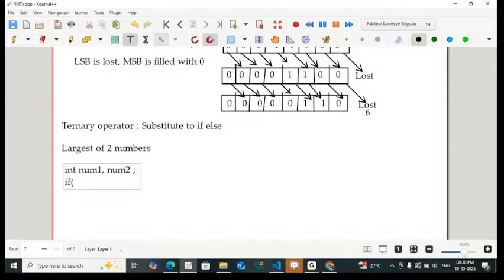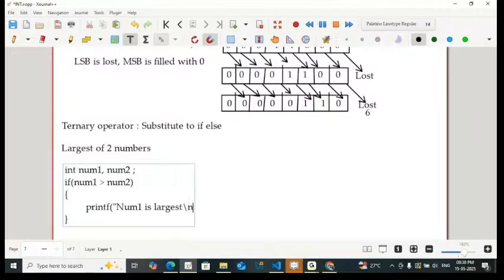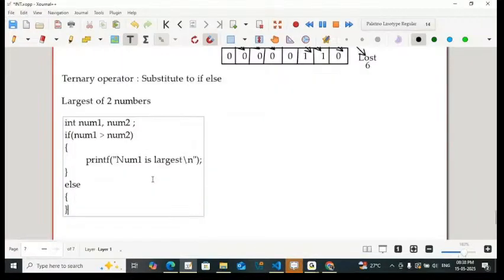I want to check if num1 is greater than num2, I am going to say printf num1 is largest. Else I am going to say num2 is largest.